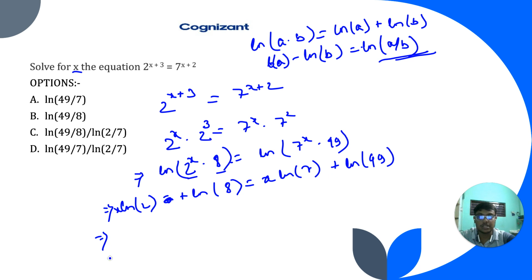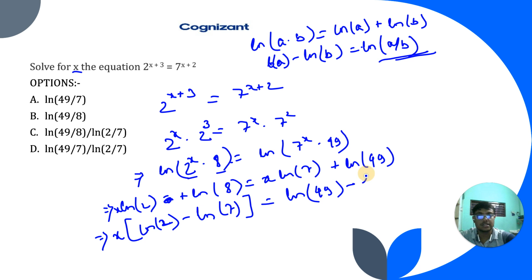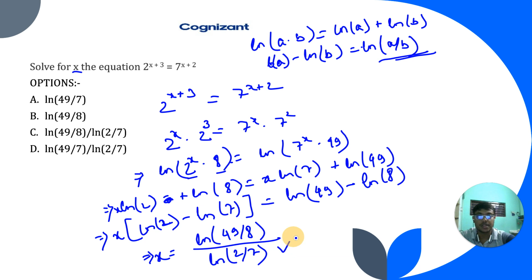So now if we simplify it, we'll have x into ln 2 minus ln 7 is equal to ln 49 minus ln 8. So if we simplify it further, we'll have x equal to ln 49 by 8 divided by ln 2 by 7. So that is our final answer. I hope it was clear. So our correct answer becomes option C.